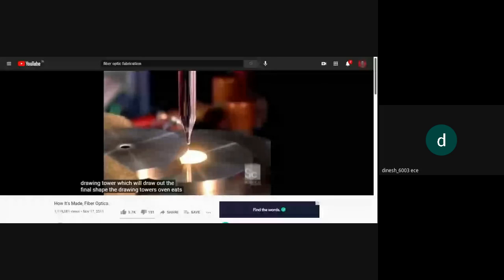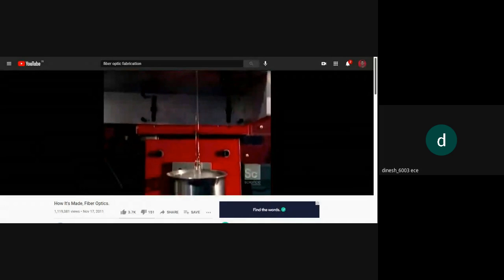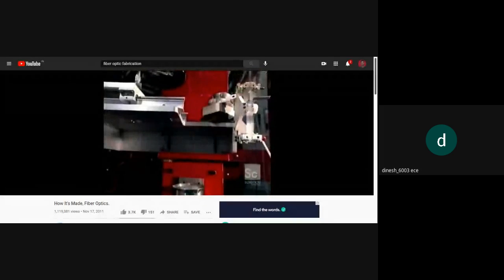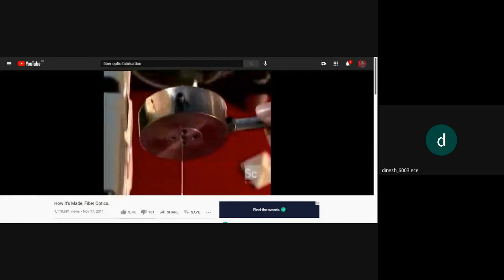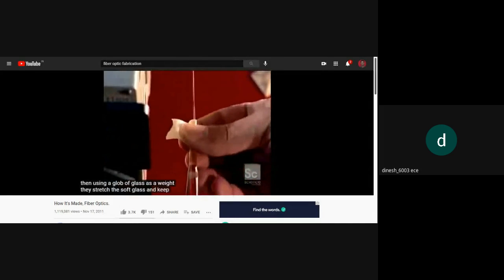The drawing tower's oven heats one end of the preform like honey dripping from a spoon. Then, using a glob of glass as a weight, they stretch the soft glass and keep stretching it until they form a thin glass fiber.